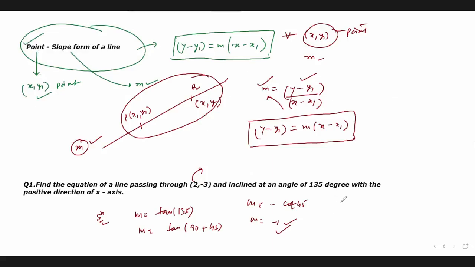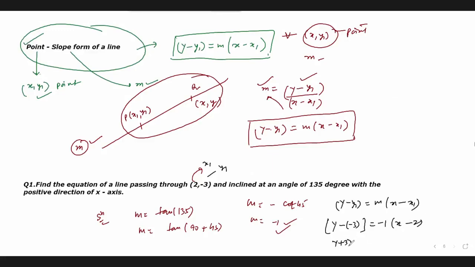So my required equation was y minus y1 is equal to m times x minus x1. So this coordinate is having an x1 and y1. So y minus of minus 3 is equal to minus 1, x minus 2.